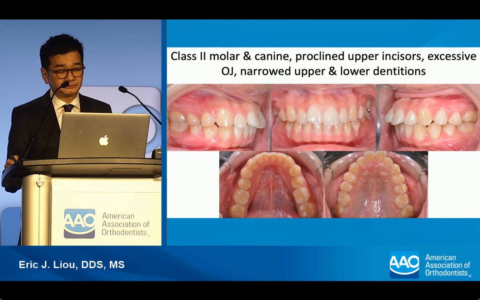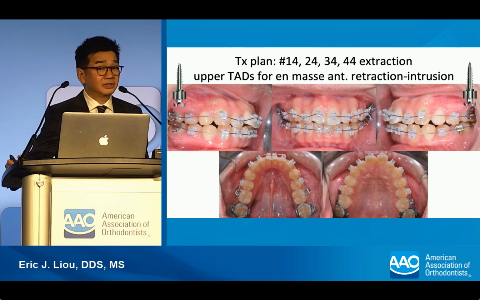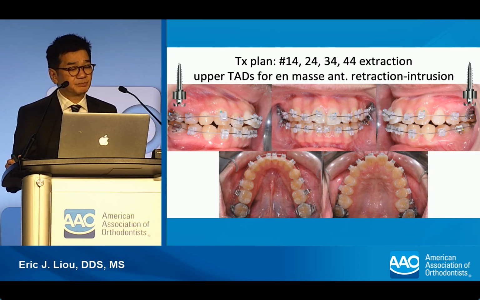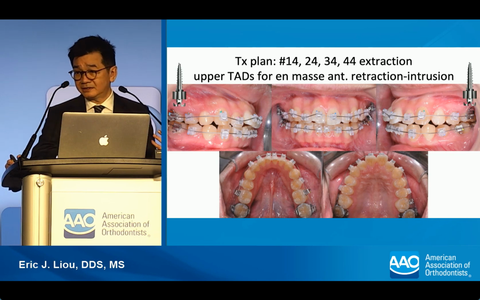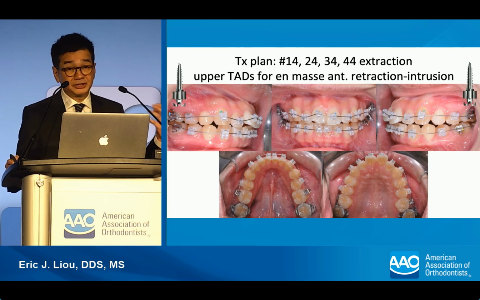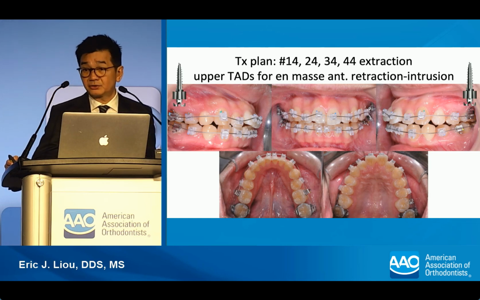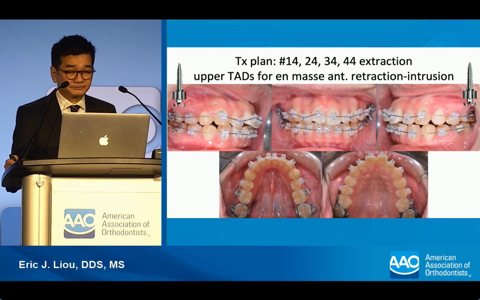So my plan for her was to remove four first bicuspids, and at the same time, when retracting the upper anterior teeth, I would use TADs in the upper arch to intrude the upper anterior teeth so that I can decrease the amount of gummy smile.